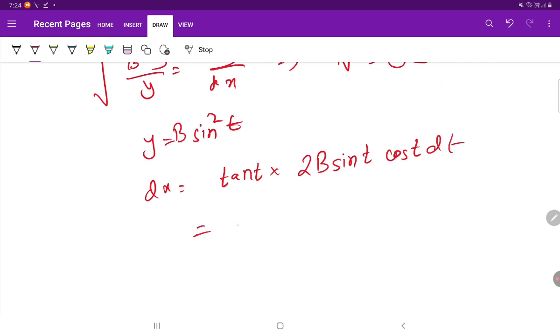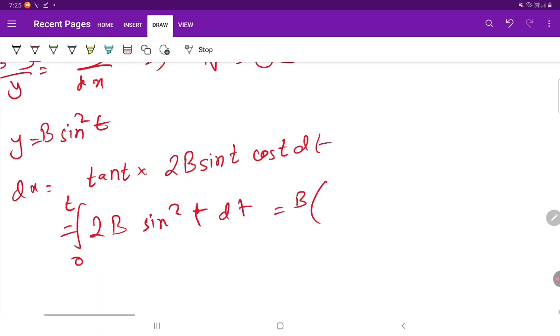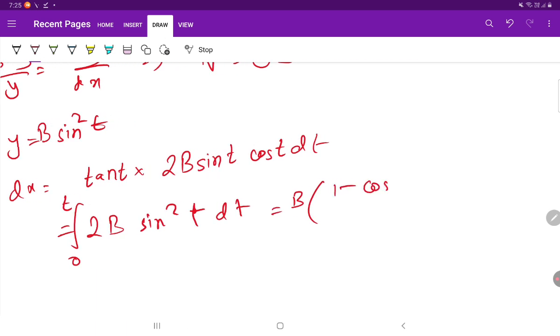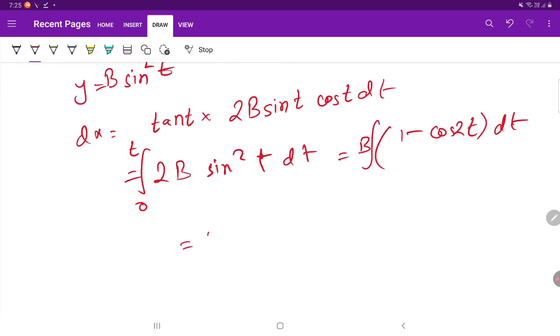On further simplification, we'll get 2b sine square t dt, integral 0 to t, and just using the multiple angle formula, b into (1 minus cos 2t) dt, integral, you will get the final result to be b into (t minus sine 2t by 2) plus some constant c.